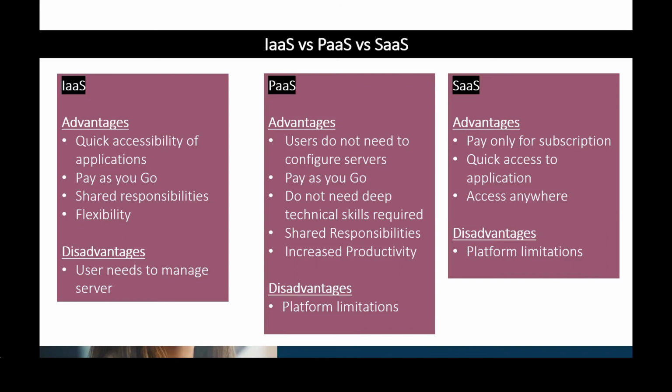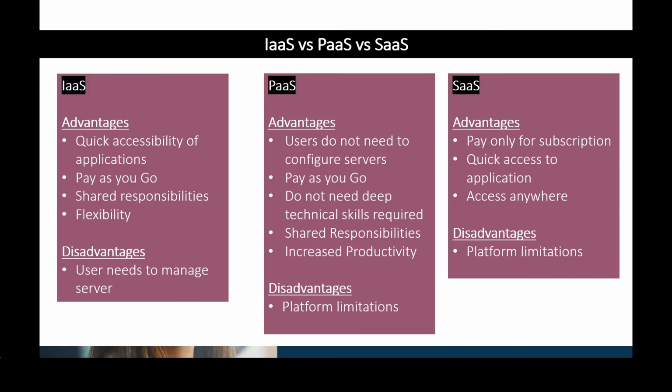But the advantage is pay only for subscription. It's a bit cheaper because the application is there, so we need to pay for the subscription only. And it's a quick application because there is no setup, just sign up for it and start using it.